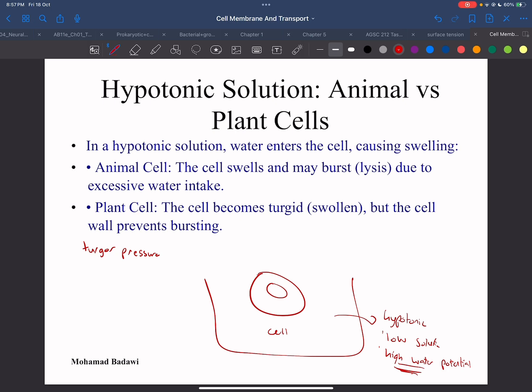This presses back on the cell wall. However, the cell wall is inelastic, so it's going to be able to withstand this high pressure, and that's why the cell will become turgid and will not burst.